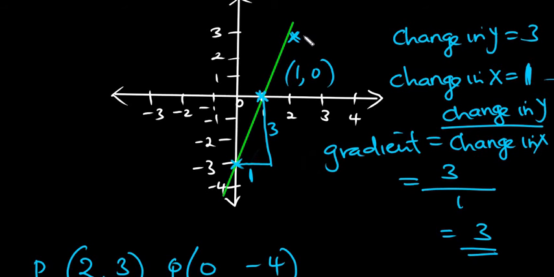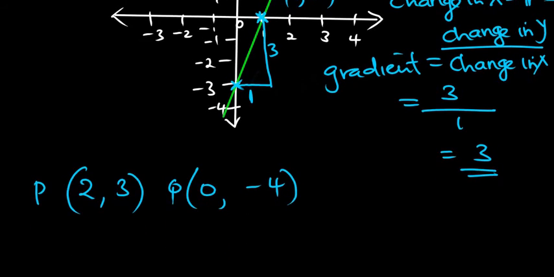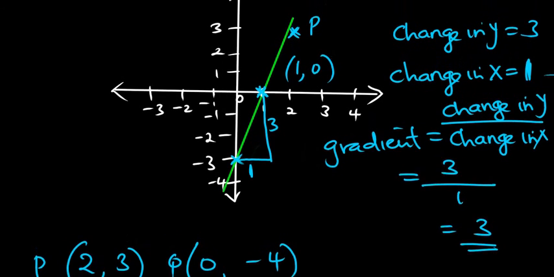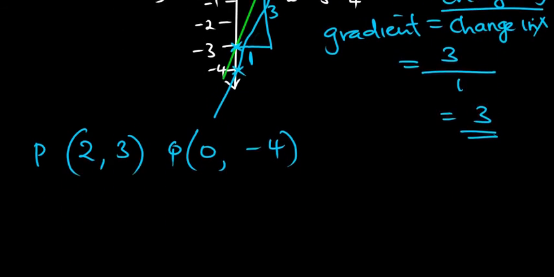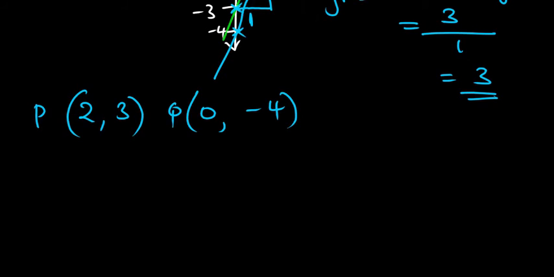That is point P, and the other point is Q, which is (0, -4), so x is 0 and y is -4 here. So that line probably is that one here, just a sketch. But you don't have to map the line once you already have those 2 points.